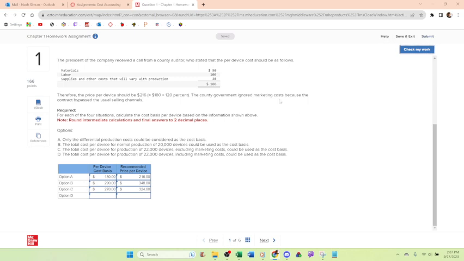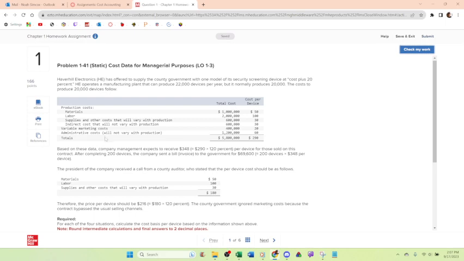The cost per device doesn't change. Okay, so apparently I do have to take into account something. The cost per device is the same.